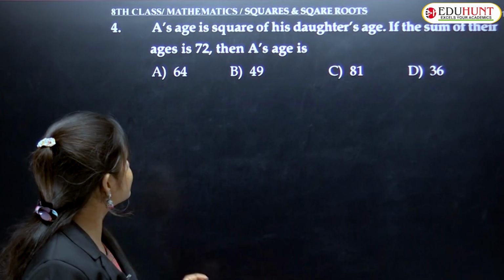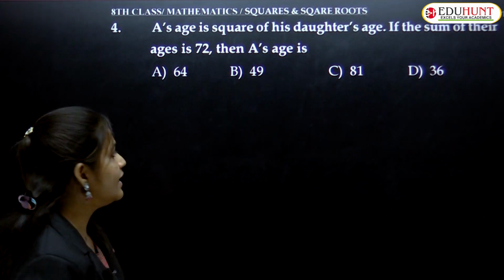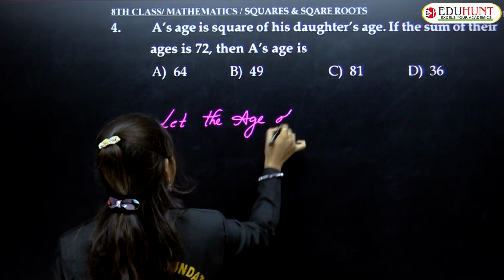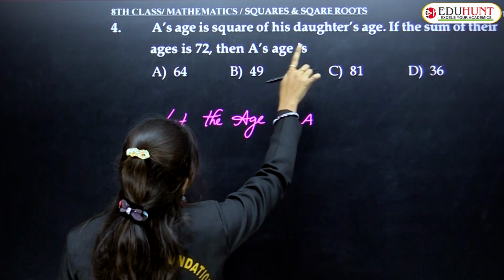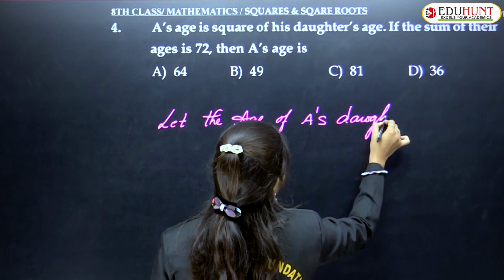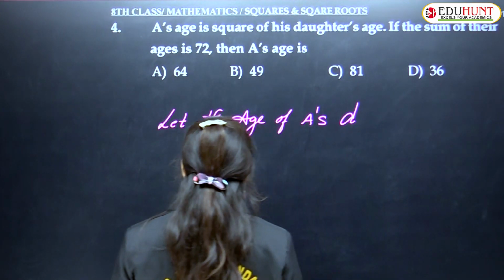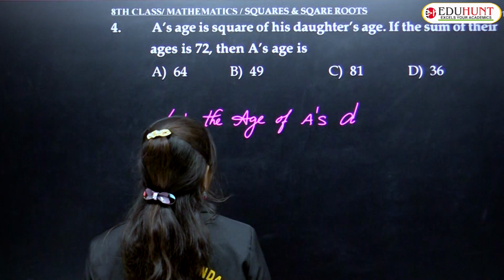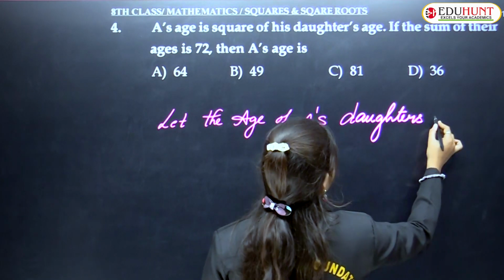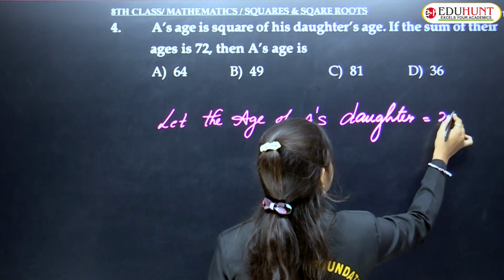Okay, if the sum of their ages is 72, then A's age is... Okay, so take here, let the age of A's daughter be some x.